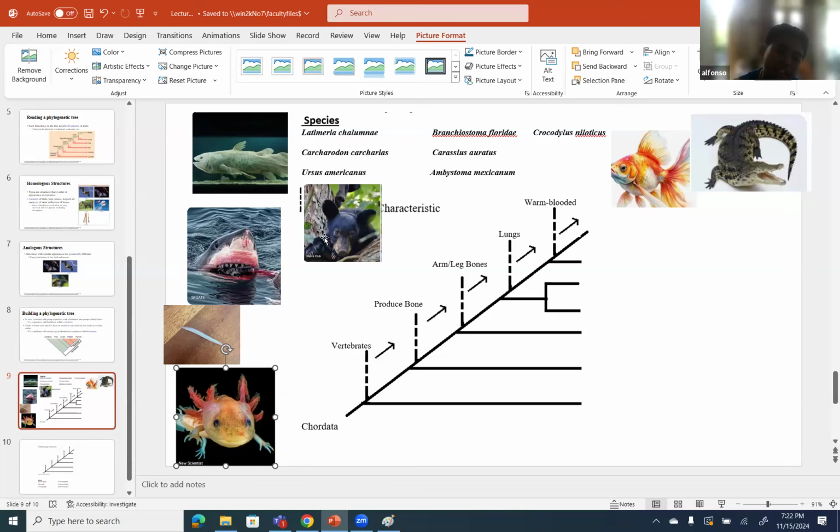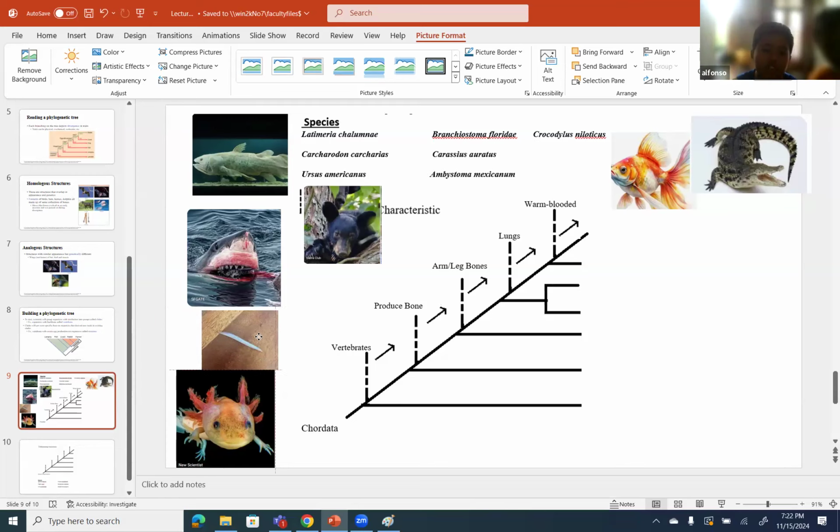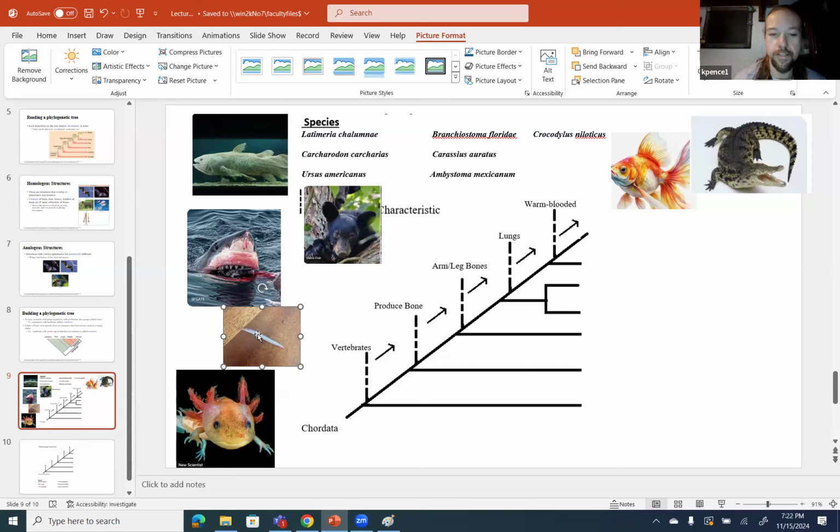I guess the fish that doesn't have the bone. The one that doesn't have bones? So this one? Oh no, not that one. Which one do you think it is? So it is actually this one.